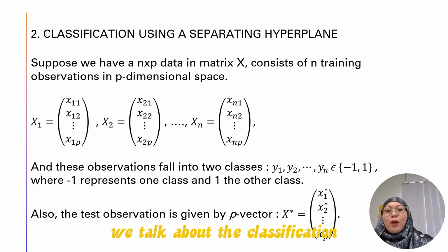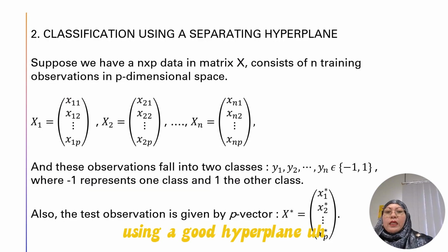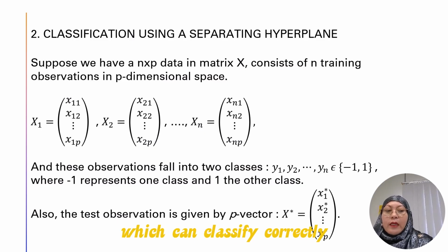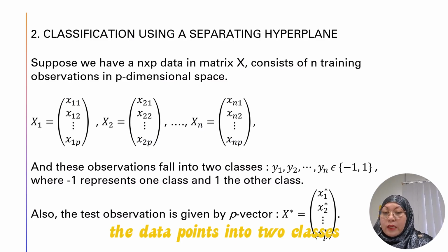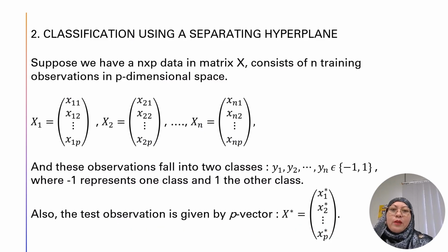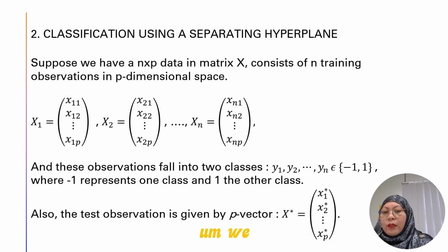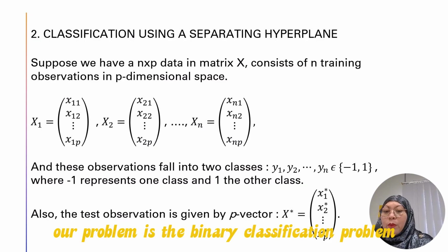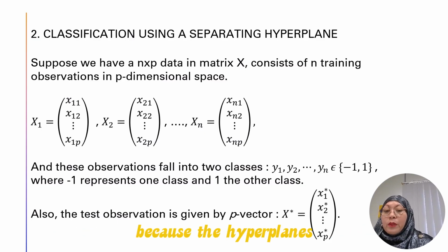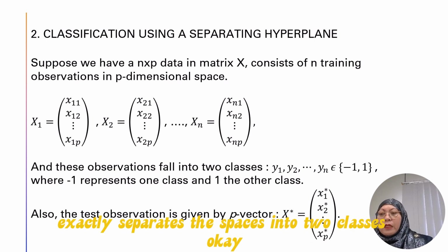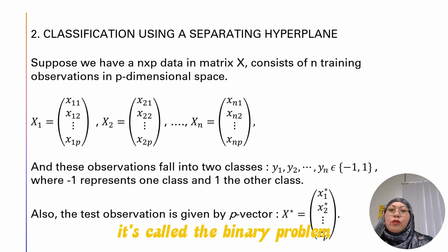Now we talk about classification using a good hyperplane which can correctly classify the data points into two classes. In the binary classification problem, we call it binary because the hyperplane separates the space into two classes.